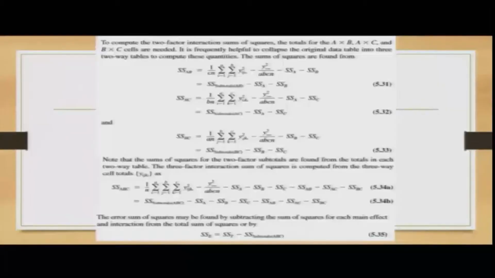So, let me continue. The sum of the squares can be found out, as I mentioned, by collapsing the original data into three two-way tables rather than combining them as the matrix. So, here the sum of the squares would be AB, that is the combined effect of A and B. Now if I extend it, it will be y square.